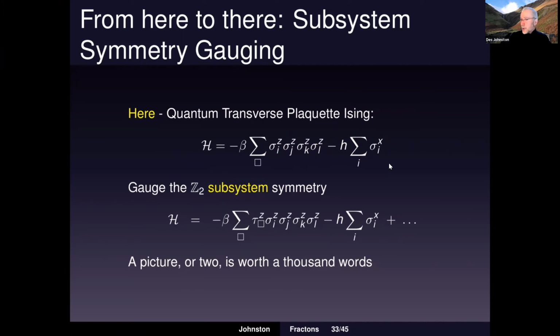So what did I do when I gauged the symmetry in the standard Ising model with nearest neighbor interactions? I plonked a gauge spin in the middle of the interaction term to make sure that I could still maintain the invariance. Let's plonk a gauge spin in the middle of the 4-spin interaction term here.